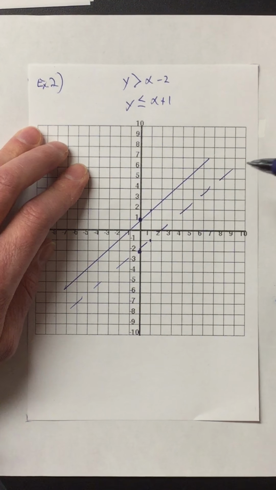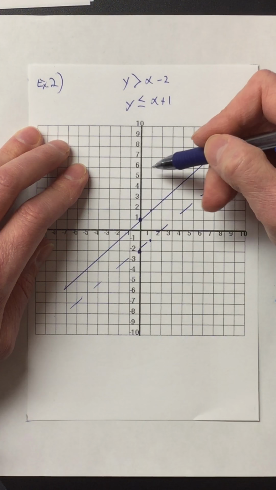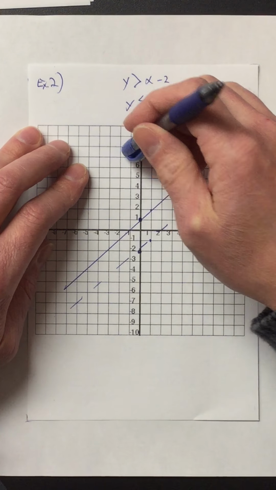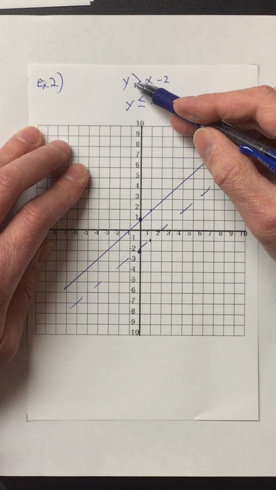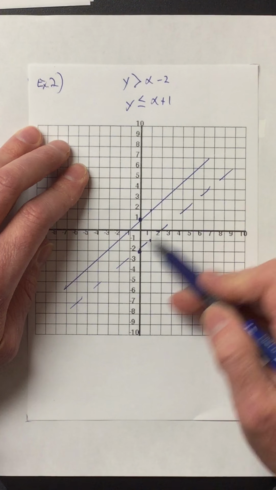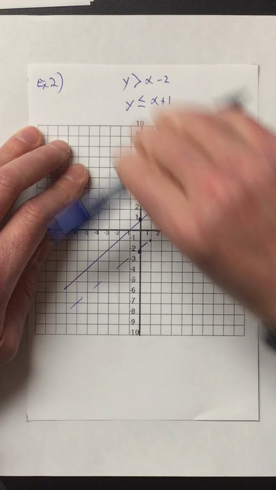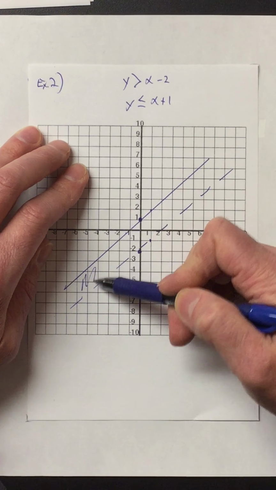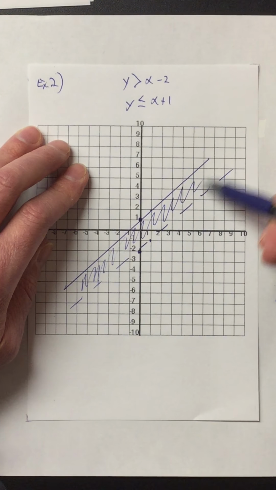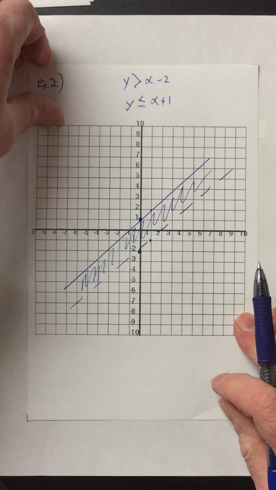And then now I've got to shade a part. So I've got 3 sections here. I've got above, in between, and below. This one here is anything above. So anything above this line is part of it, but it's less than here, so it's anything below. So I actually shade the middle part here. All right, and that is example 2.